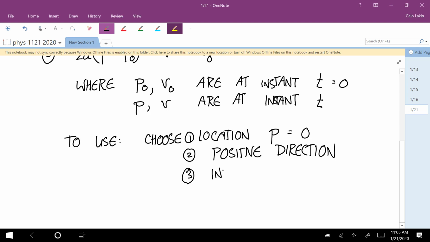We had to choose an instant corresponding to time equals 0. And then we had to choose an instant for time. And that's so we're choosing an instant where that P and that V are both occurring. And I did one example last time that was a ball rolling on a ramp.